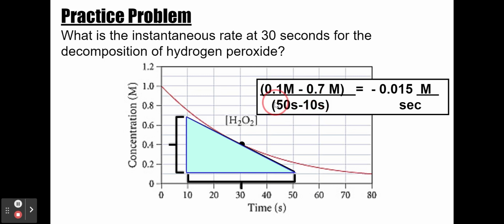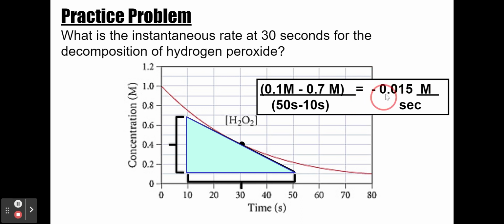And then we get our 50 seconds minus 10 seconds, which is 40 seconds. We divide those and we get a negative 0.015 molar per second. And so that's our rate, or instantaneous rate of change for this example.